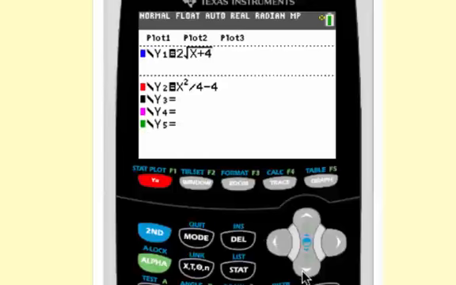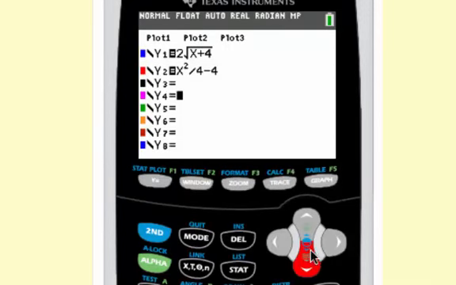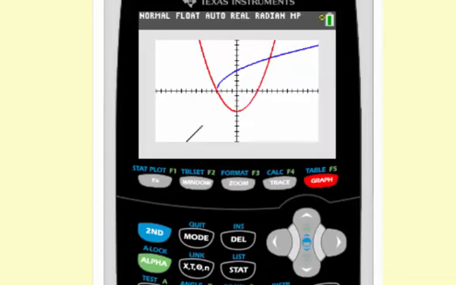And I'm going to just graph one more function here, y equals x, because that's the line of reflection here. There you go. So now you can see how the square root function in the blue and the quadratic function in the red are inverses, but it's only for the parabola right here.